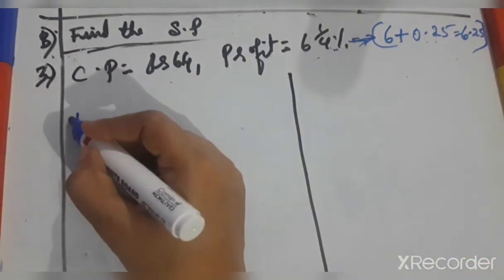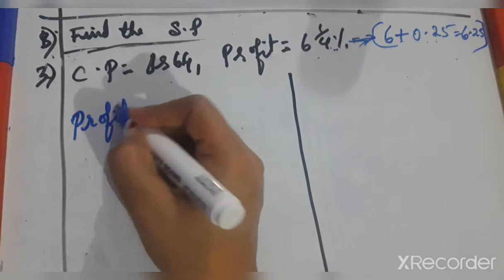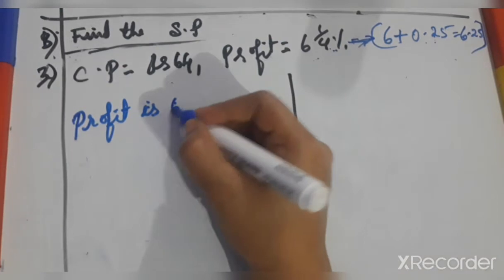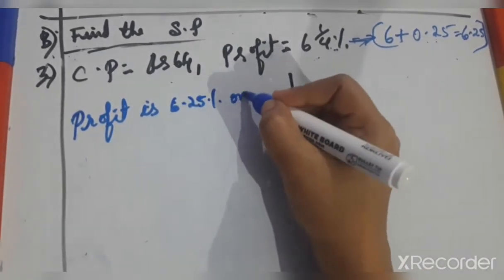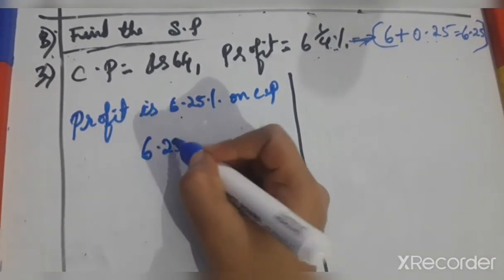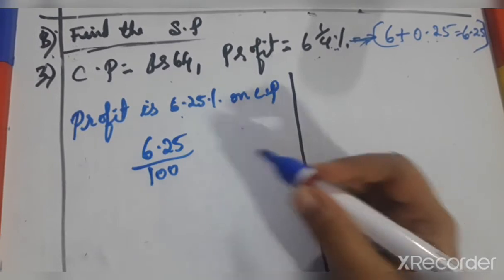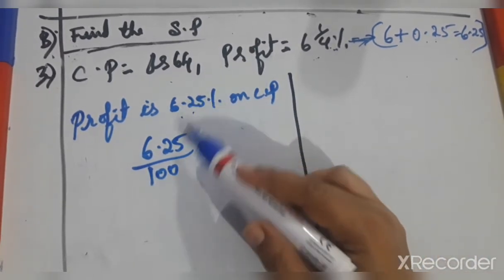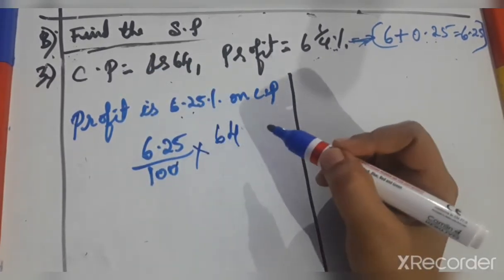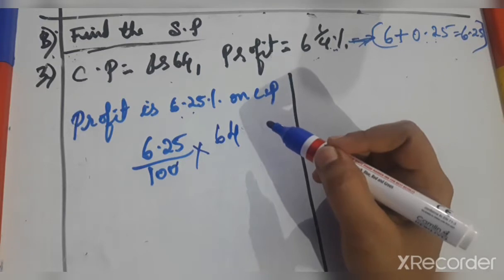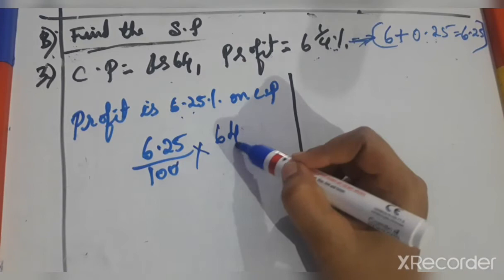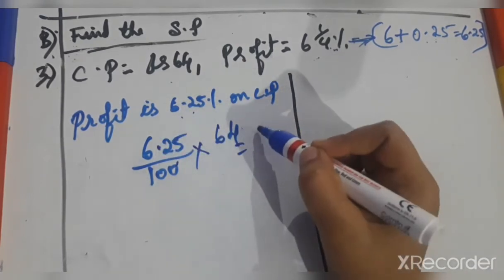Now we have to find the profit. Profit is calculated on cost price, on 6.25 percentage of CP. So 6.25 percentage means 6.25 by 100 into CP, which is 64. Now there is a decimal point, so multiply 64 into 6.25, you get 400.